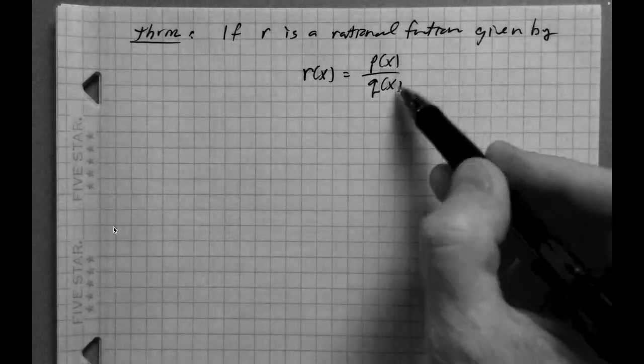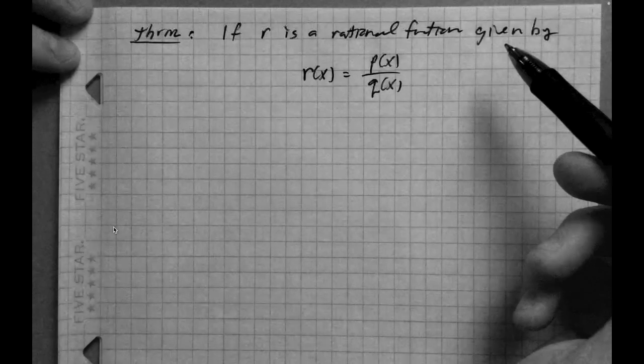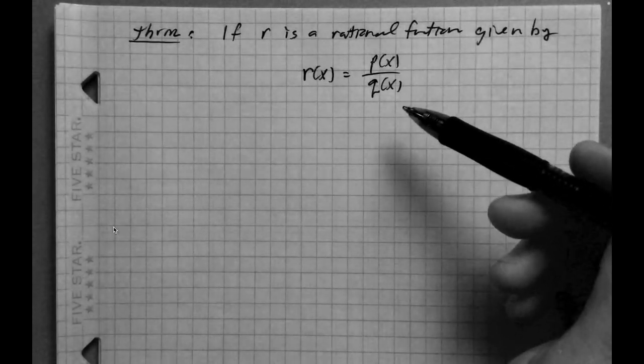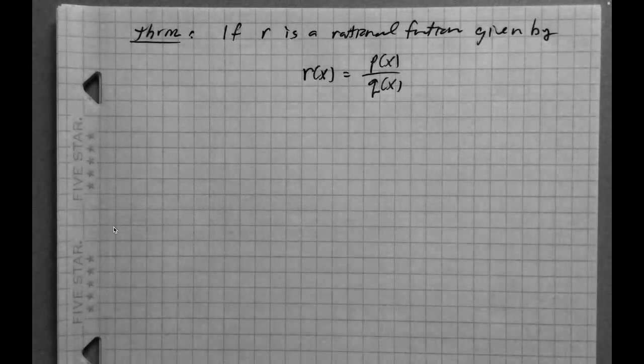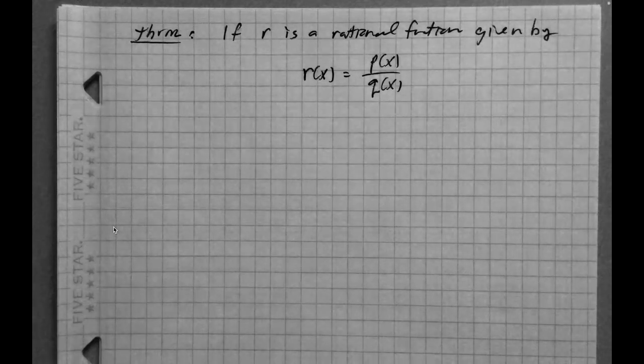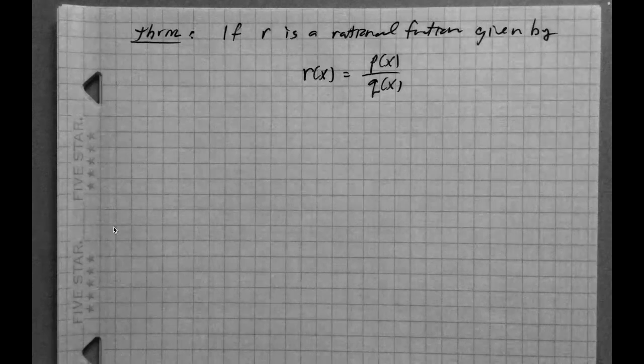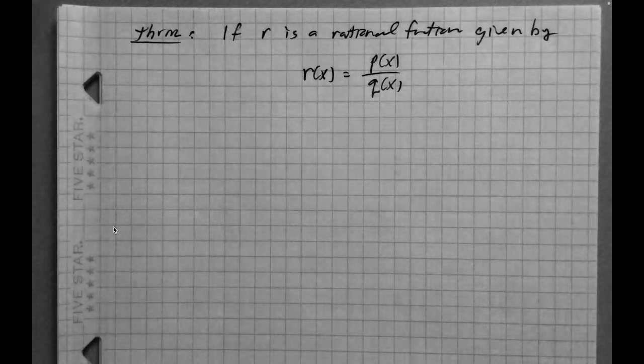So this is a polynomial, that's a polynomial. Then you may be able to anticipate what the conclusion here is if you think back to what we saw in the previous 5-part theorem. When you take the ratio of two functions, the limit is going to be the ratio of the limits. So this would be something real similar, right?